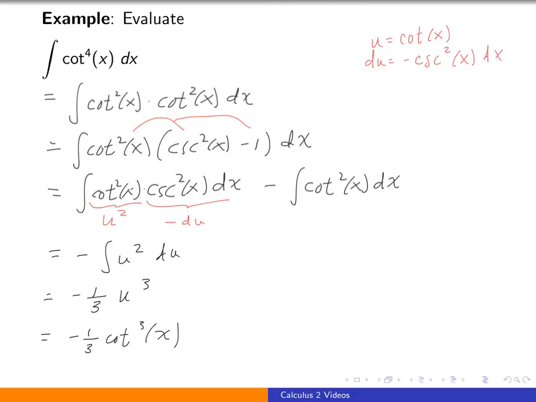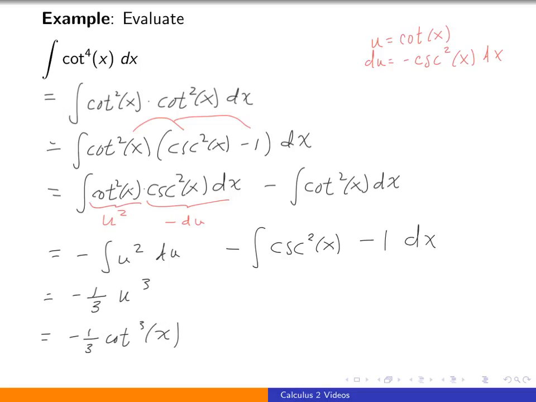But of course we have this second integral that we also have to take care of. What we're going to do is just continue on with the process we started with. If it's just a power of 2, so an even power, no secants around, we are going to rewrite in terms of the Pythagorean identity. So just use that same technique we've already used. Cotangent squared is cosecant squared minus 1.